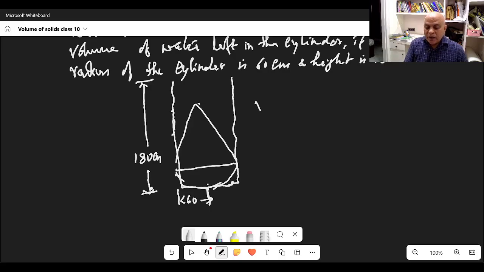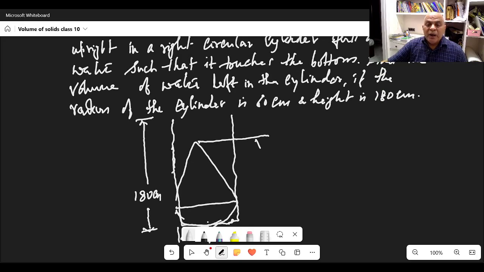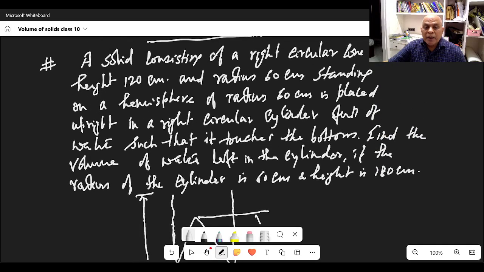Now coming to the cone portion: a solid consisting of a right circular cone, height is 120 centimeter and radius is the same, 60 centimeter.